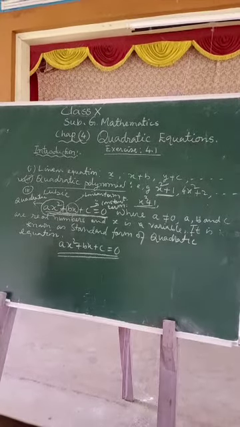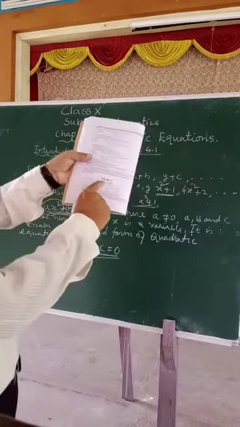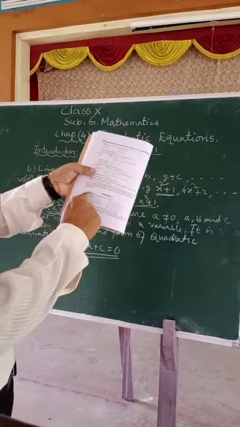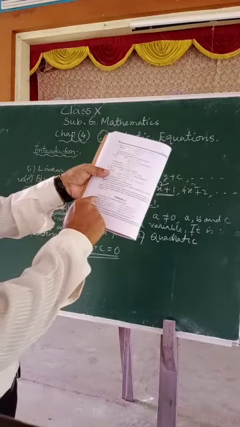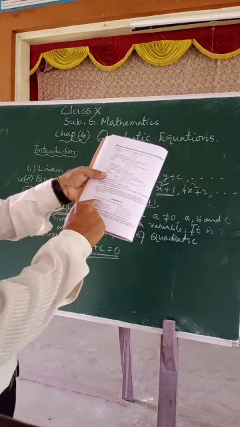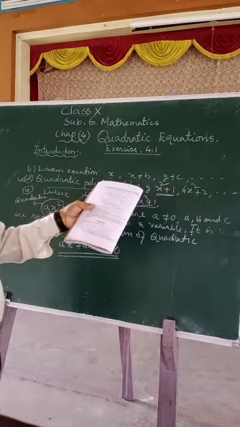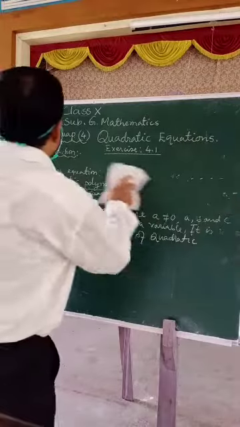Now let us start exercise 4.1, number 1. Say whether the following are quadratic equations. Number 1: x plus 1 whole square equal to 2 into x minus 3.